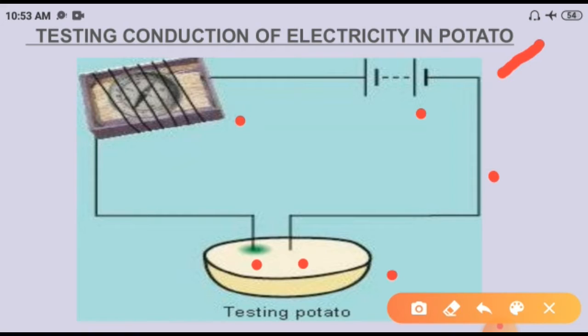When he came back after half an hour, he noticed that there was a greenish blue spot on the potato around one wire, whereas there was no such spot around the other wire.